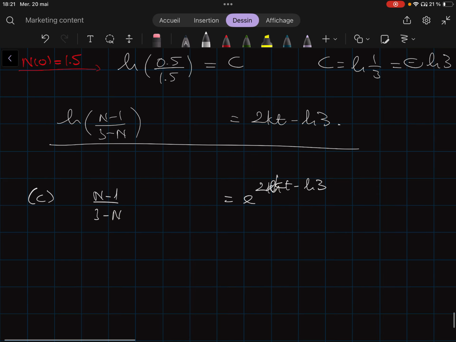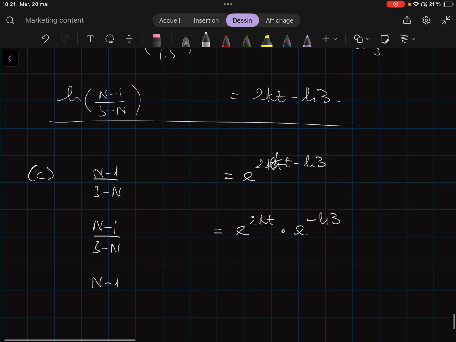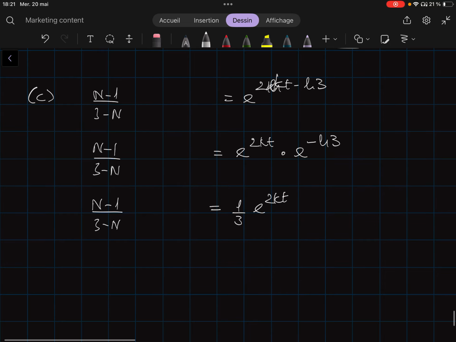Take your time, okay? This is e to the 2kt times e to the negative ln of 3. Isolate for n.